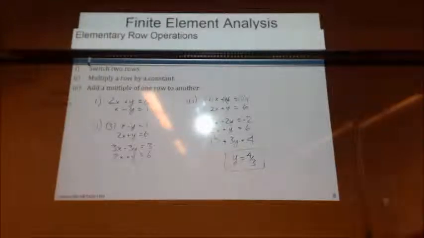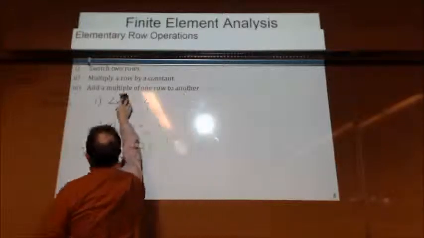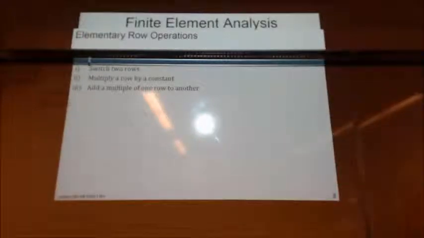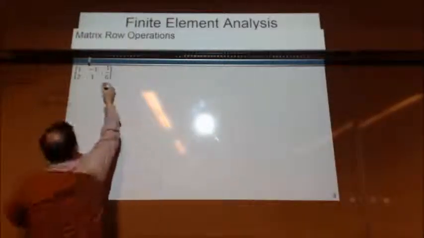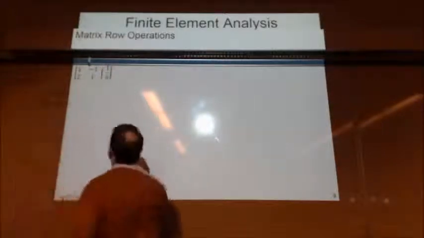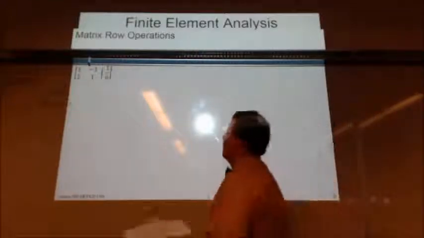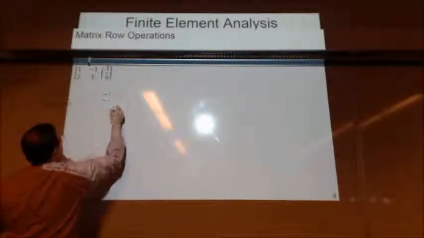So if we take this a step further, we can make it even a little easier. If we stay with that same equation and put it in matrix form, this should be it. And this is what we will call an augmented matrix. I'll rewrite it here. 1, minus 1, 1.